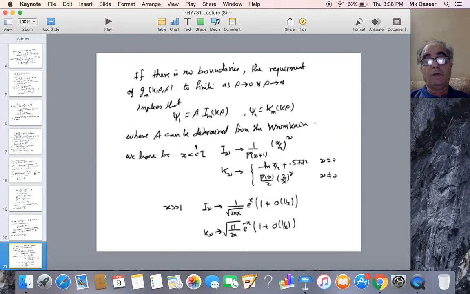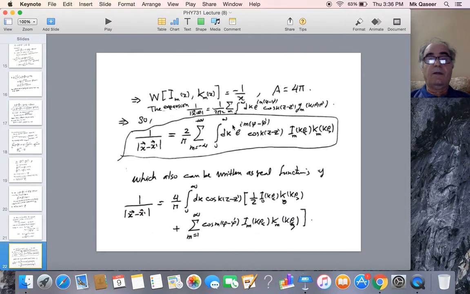We know the behavior of I_nu and K_nu for small arguments and for large arguments. We discussed this in previous lectures. Now, finding the Wronskian, we get minus 1 over x, and comparing with the previous expression of W, we get that this constant equals 4 pi.